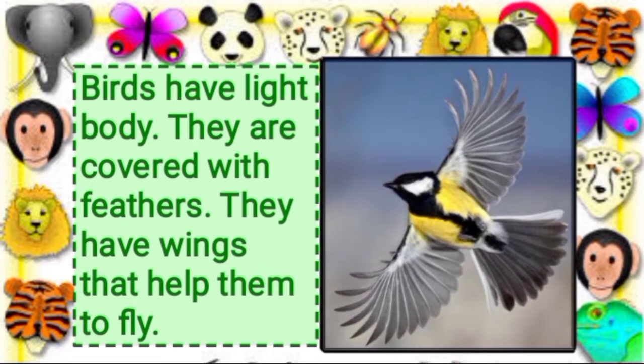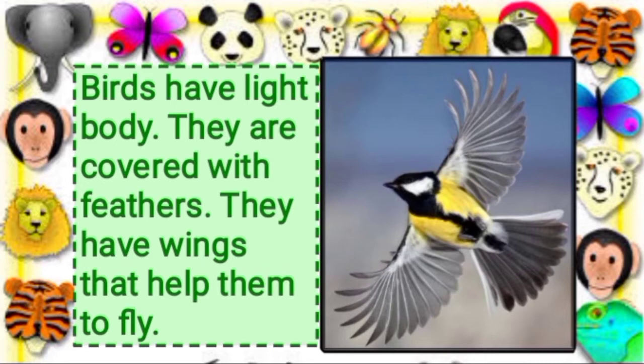From pigeon in big cities to penguin in Antarctica, all birds have similar features. They all have wings, though they cannot all fly. And all birds also have feathers. In fact, birds are the only living animals that have feathers.